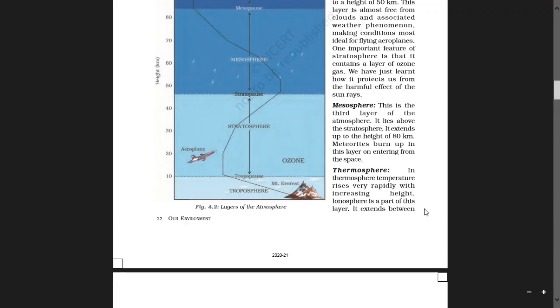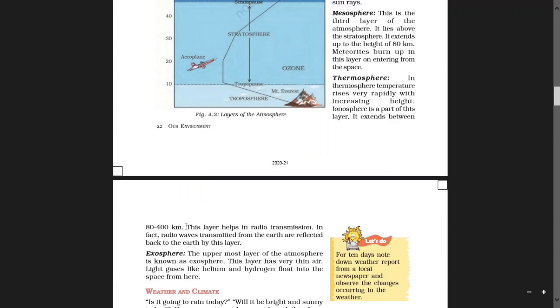It extends between 80 to 400 kilometers. This layer helps in radio transmission. Boys, ionosphere, ions are present there. So this layer is helpful for us in radio transmission, for transmitting a radio program.